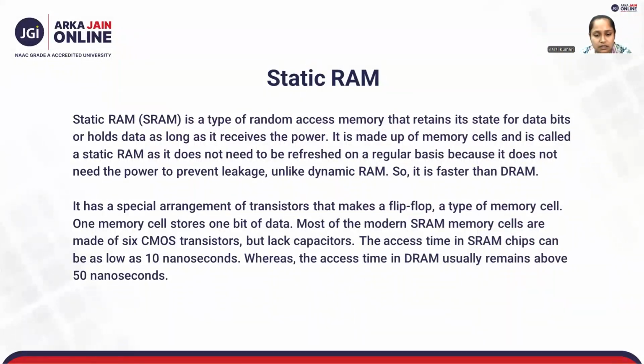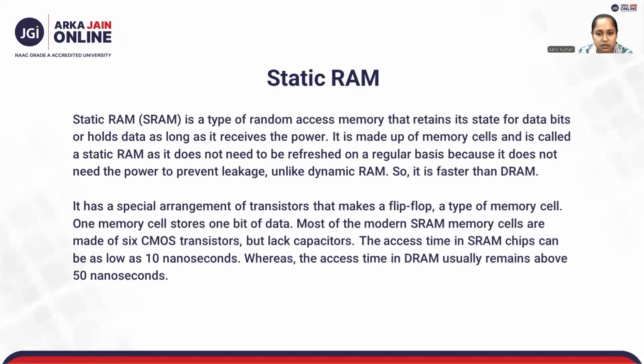The early asynchronous static RAM chips performed read and write operations sequentially, but the modern synchronized static RAM chips overlap read and write operations. The drawback with static RAM is that its memory cells occupy more space on a chip than DRAM memory cells for the same amount of memory, as it has more parts than a DRAM, so it offers less memory per chip.